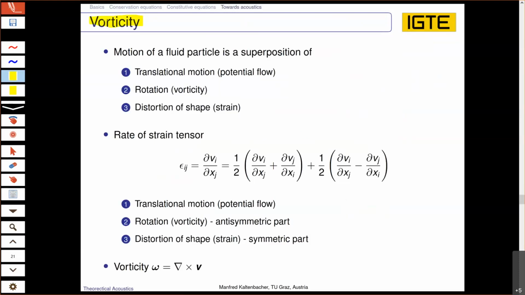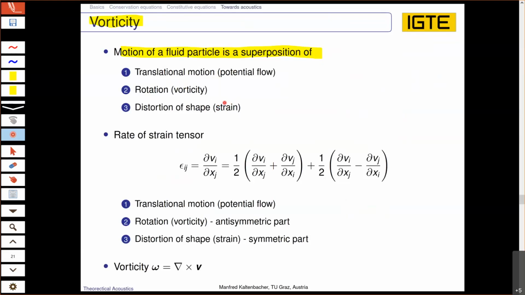And actually, we can decompose the motion of the fluid particles into three types: the translational motion, which is typically within a potential flow; a rotation, which gives you the vorticity, which we have in turbulent flows; and distortion of the shapes of your fluid particles, which indicates the strain you have within your flow.